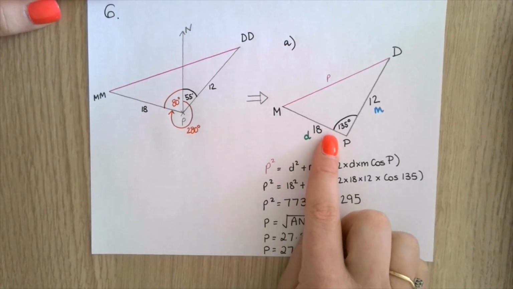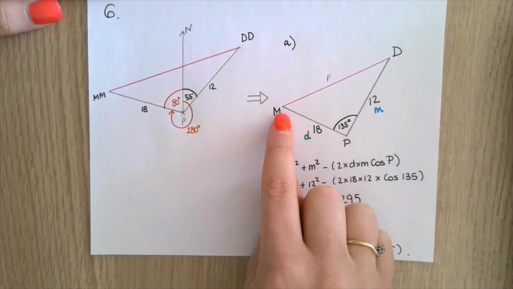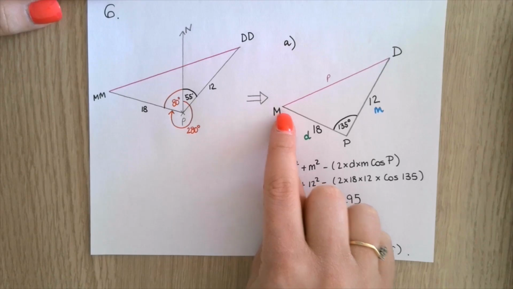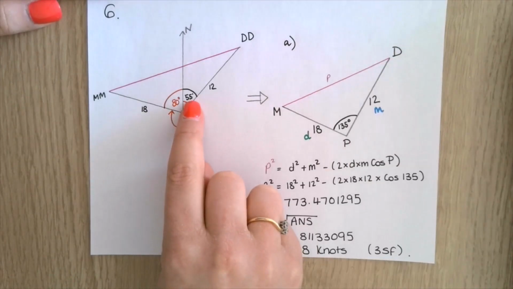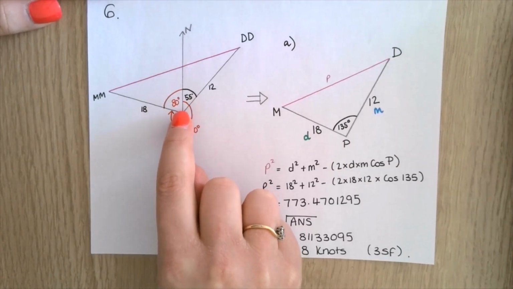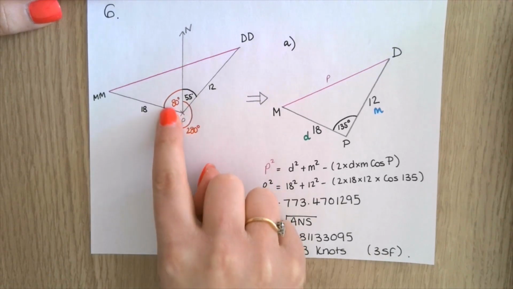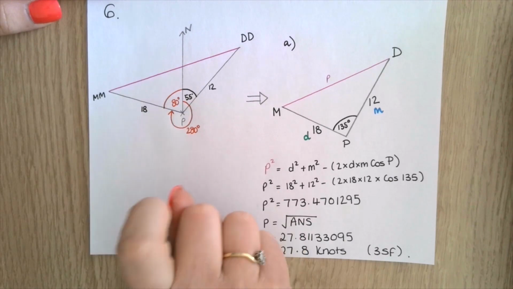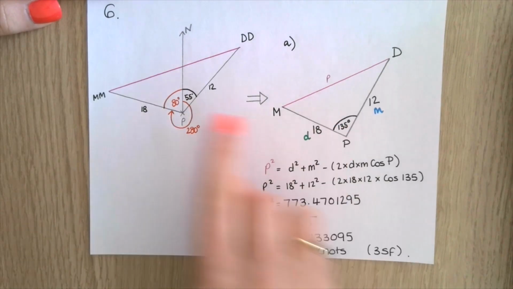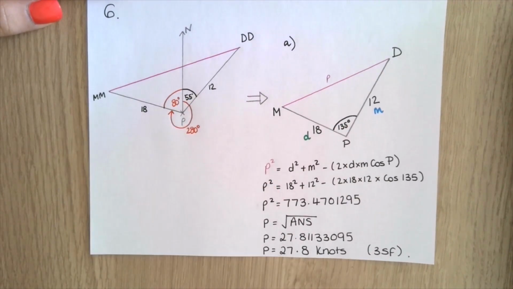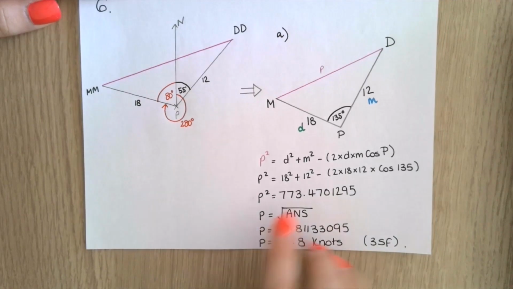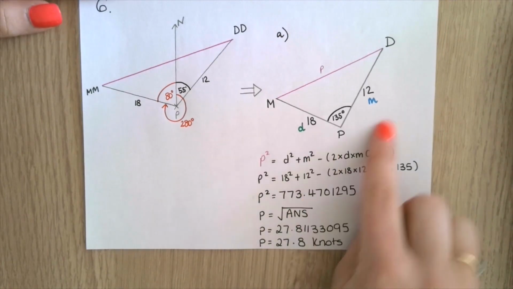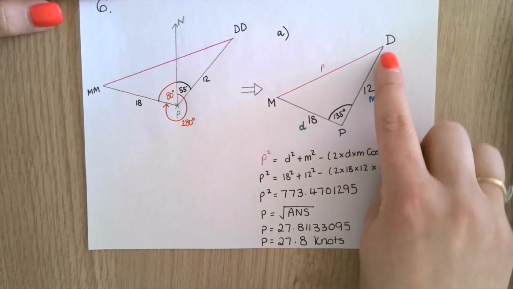So what I did is I drew a triangle. I added the 55 and the 80. Now I got this 80 by doing 360 minus that 280 to get what was left over, and that 135 is the 80 plus the 55. Once I've got that, I can just use my cosine rule to find this length.